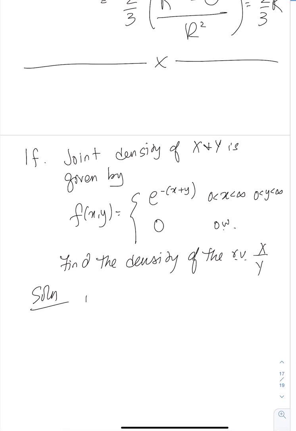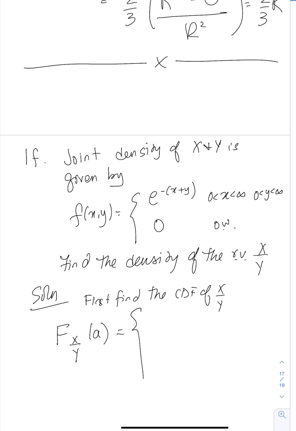So first find the CDF of x over y, F sub x over y of a. Take a look at x over y. X is always positive, y is always positive. So this will be 0 if a is less than or equal to 0.